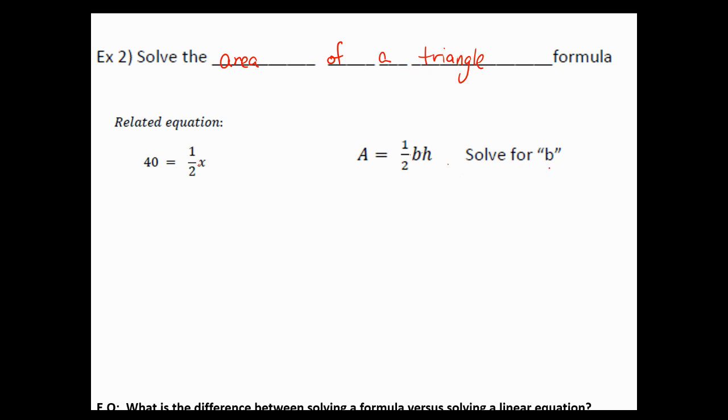Okay, well, when we get to that, we're going to isolate b. So over here, we need to isolate x. So what do you do when a fraction is being multiplied by x? You multiply both sides by the reciprocal. Because what happens? What's 2 times 1 on the top? What's 1 times 2 on the bottom?